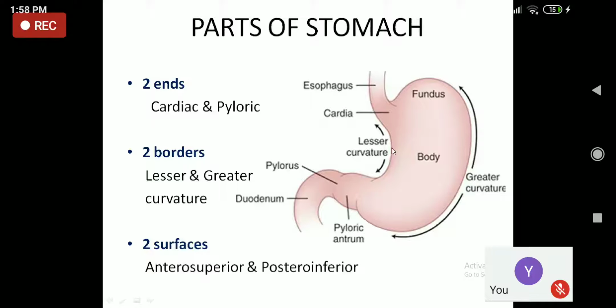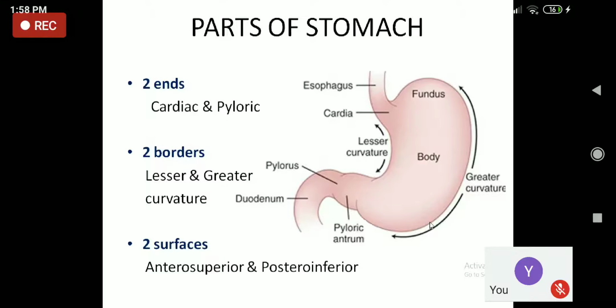Remember, the greater curvature is about 5 times longer than the lesser curvature. So the lesser curvature can be considered the right border and the greater curvature the left border of the stomach. Then it consists of two surfaces, the anterior superior surface and the posterior inferior surface.